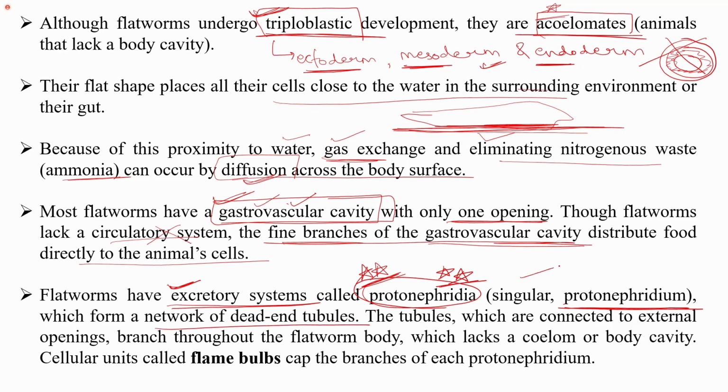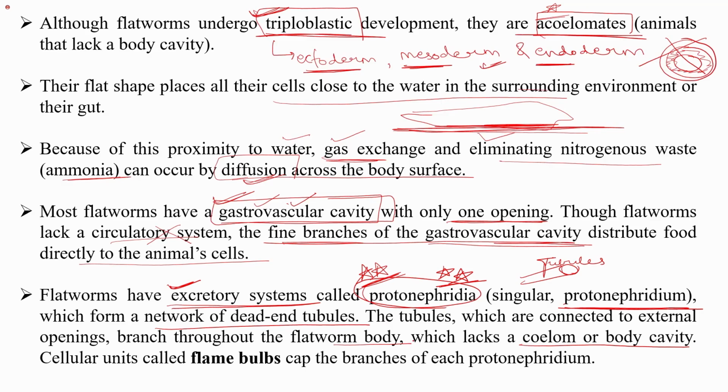So it is a network of tubules. They have a tube-like structure, and they have a network of these tubules. These tubules are connected to the external opening and branch throughout the platyhelminth body, which lacks a coelom or body cavity.